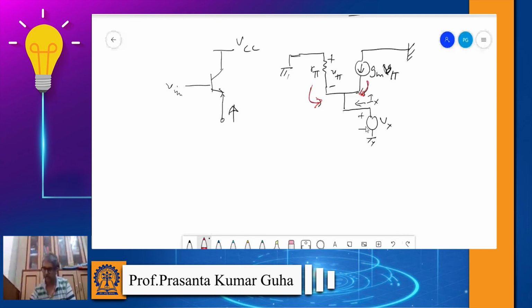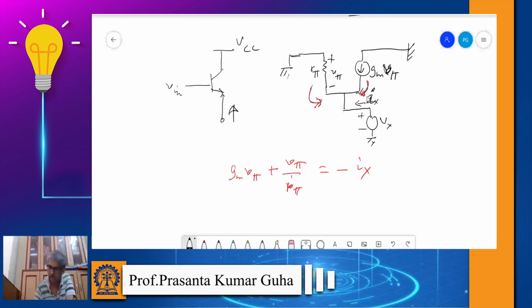So we can write one current Gm V pi plus the other one, V pi over R pi, equal to minus Ix, because the Ix direction and these two current directions are opposite.